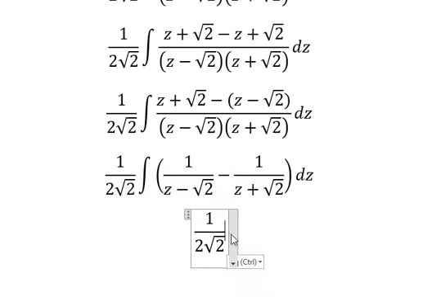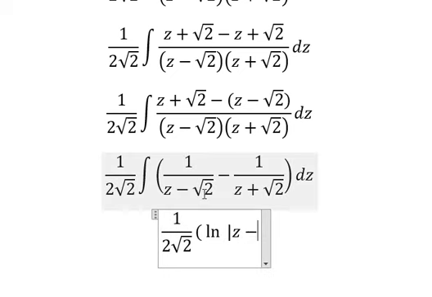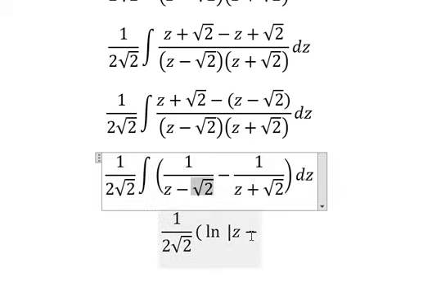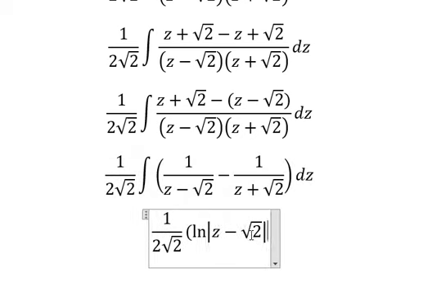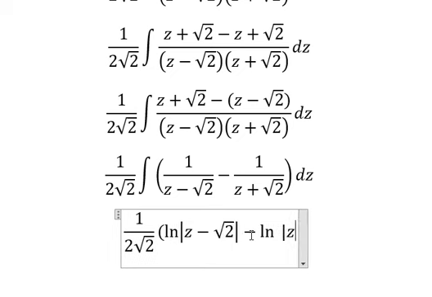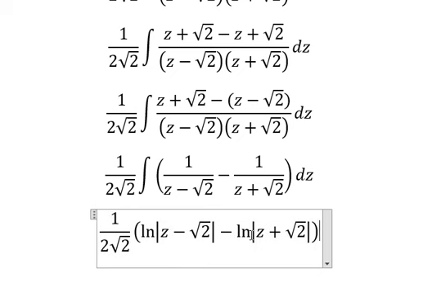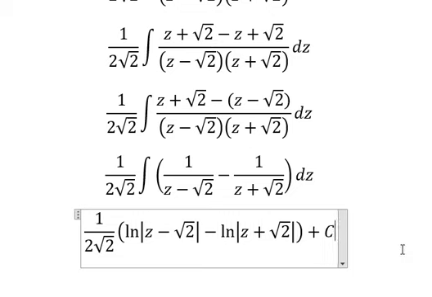So the integration of this one, we have ln of the absolute value of z minus the square root of 2, minus ln of the absolute value of z plus the square root of 2, and I will put C.